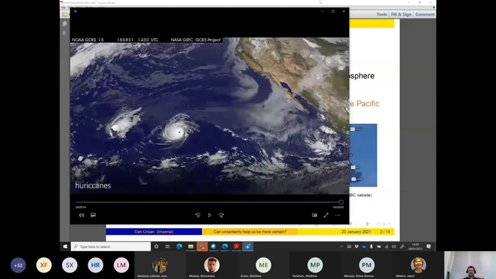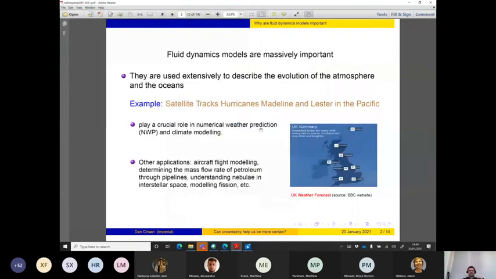Okay, so this is satellite imagery. This is data, right? And the question you want to answer is, how do you use this data to produce forecasts, to produce numerical weather prediction, and to try and model climate? And I put here on the right-hand side of my slide, I picked it up yesterday from the BBC website, the forecast for the UK yesterday.